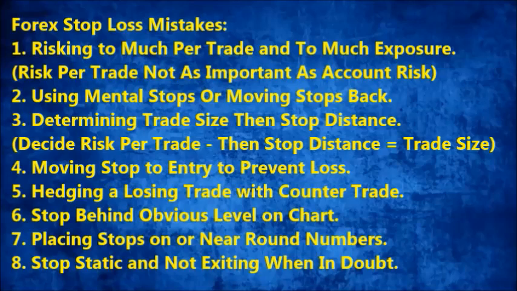Now, in terms of risk per trade and account exposure, this is the way I see it. Maximum risk should be, in my view, 5%. That 5% can be made up of one trade at 5% or two trades at 2.5%. It doesn't matter.